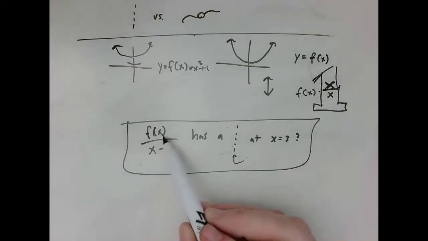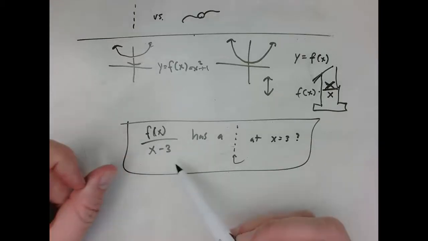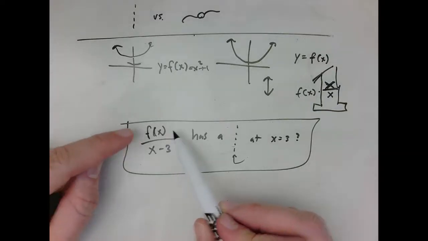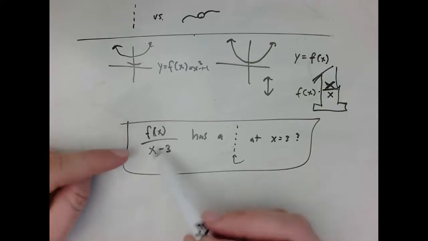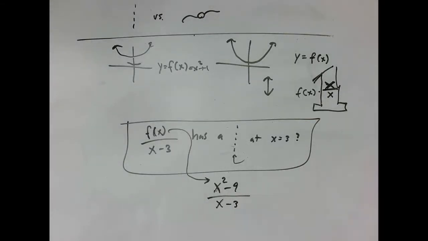So if the function does not have x minus 3 as a factor, then that means it's not possible to simplify away the x minus 3, and that means that there would be a vertical asymptote. So if f of x was equal to 1, if it was equal to x squared, anything like that. But what if f of x equals x squared minus 9? So if my f function is x squared minus 9, this one would not have a vertical asymptote at x equals 3 because x squared minus 9 factors as x plus 3 times x minus 3.